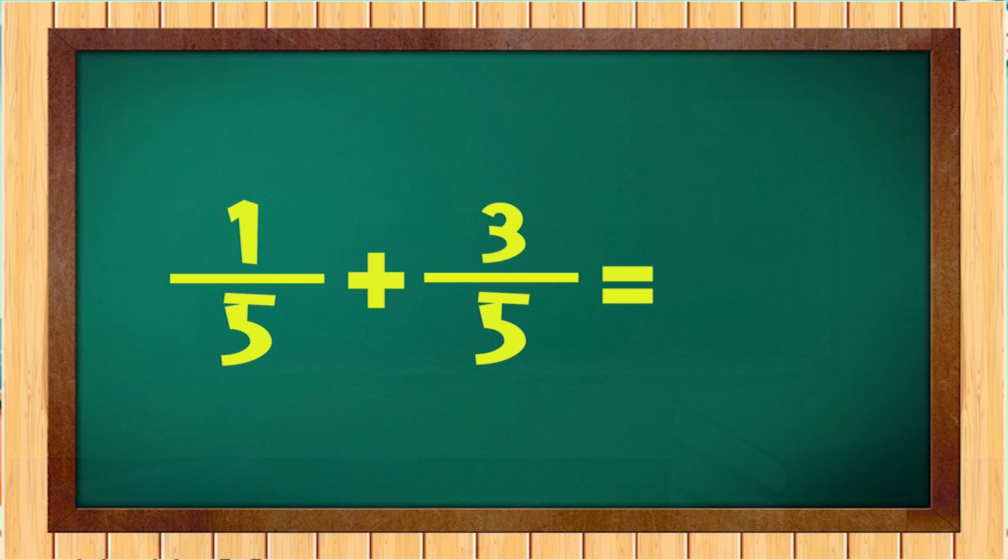So our numerators are 1 and 3. 1 plus 3 equals 4, and that 4 is placed upon 5. 5 is the common denominator. Let's move on to another example.